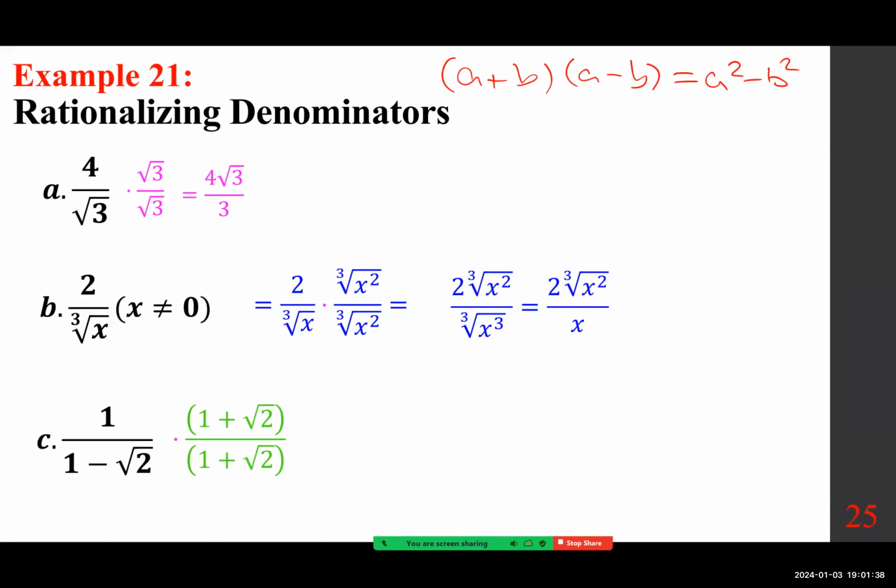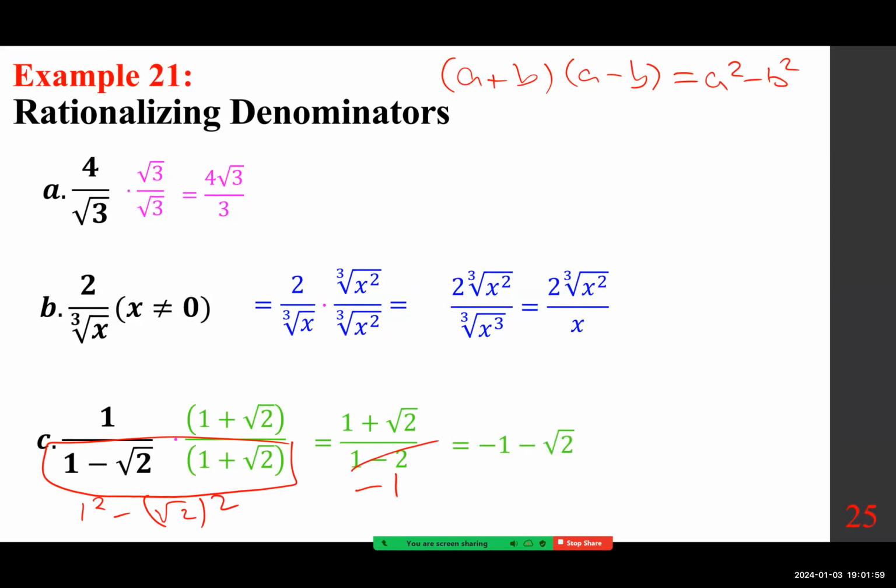So what happens, the top is 1 times 1 plus square root of 2, which is itself. But now the bottom, we use the product that was mentioned, 1 squared minus square root of 2 squared, which makes it 1 minus 2. And that makes this -1. So that changes the sign of the numerator, and the result will be -1 minus square root of 2 as the final answer.